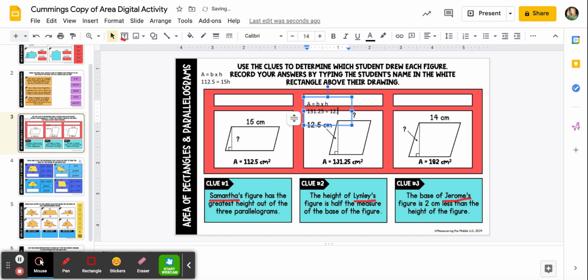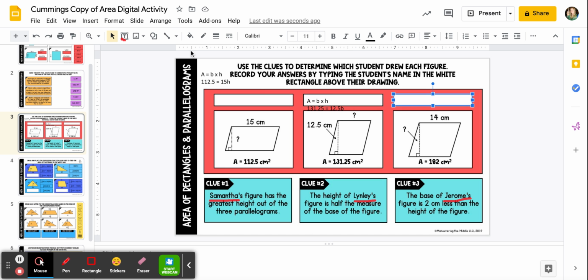So I'm going to write the height first, and then I'm going to write a B. So you're going to have to divide both sides by 12.5 to get the base. All right, to figure out what the base is for this parallelogram.